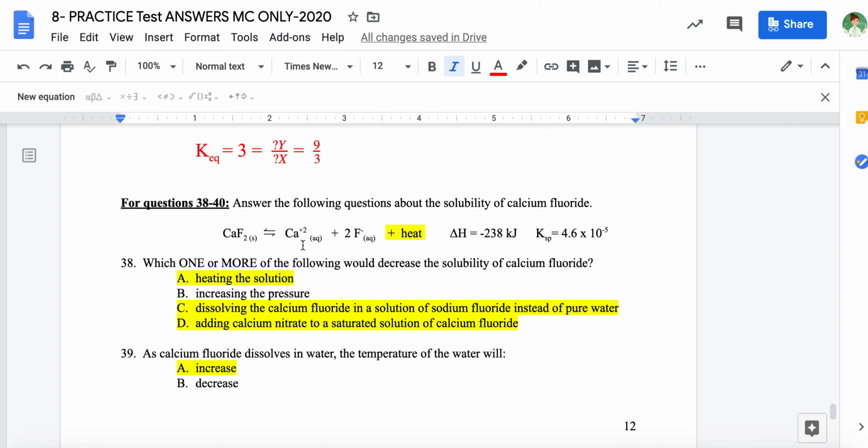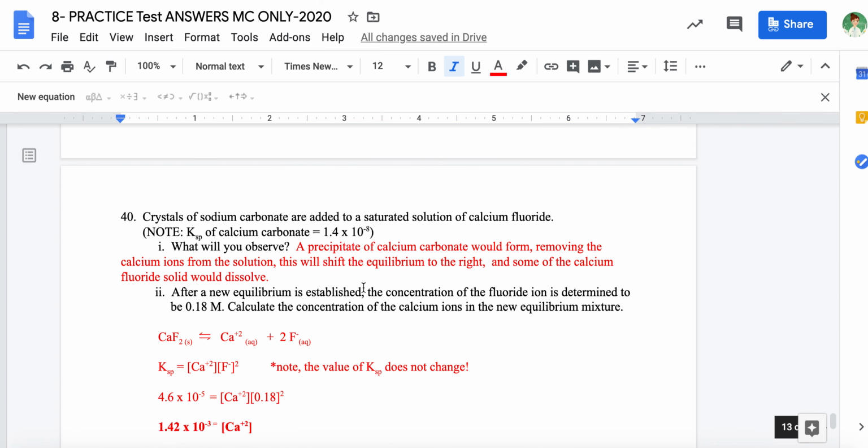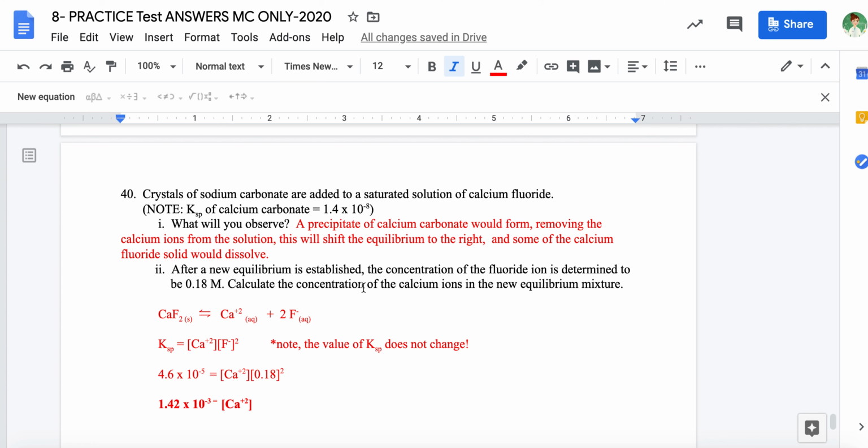Now, as we remove some of our product, the reaction shifts to make more of the calcium ions. So that means some of this solid is going to dissolve. All right, so that's what's going to happen. The precipitate of calcium carbonate would form, that's first, removing the calcium ions, shifting the equilibrium right, and also dissolving some of that calcium fluoride.